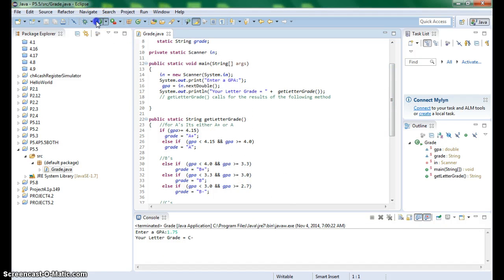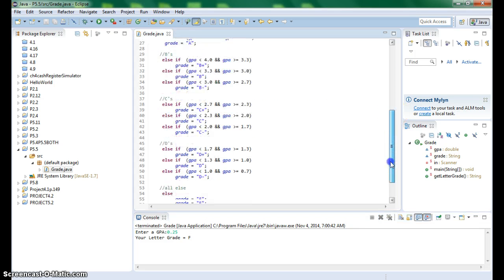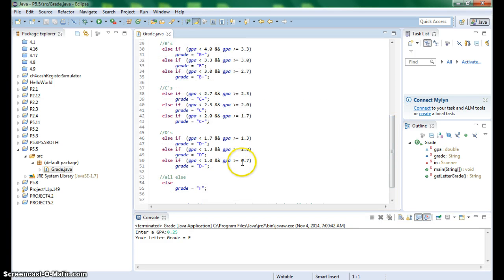And then I'll enter a GPA of 0.25. And then it's a failing, because anything under a 0.7 is going to give you a failing grade.